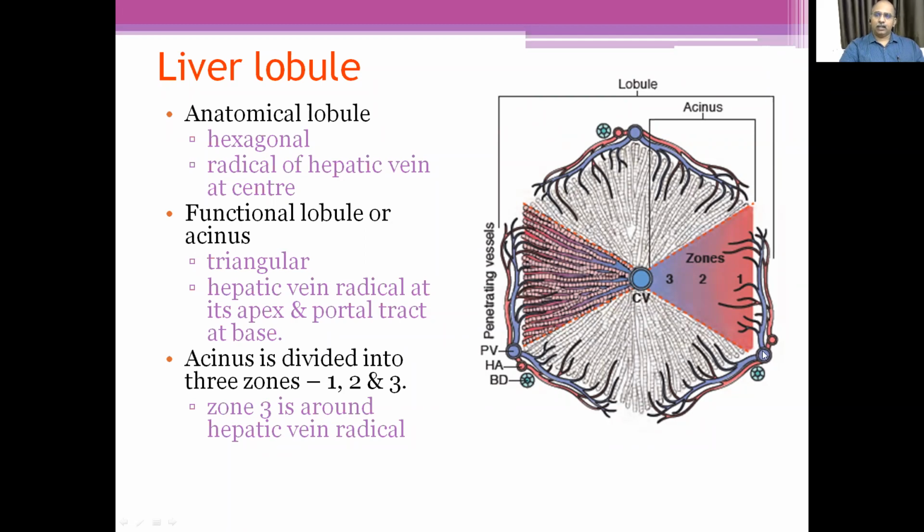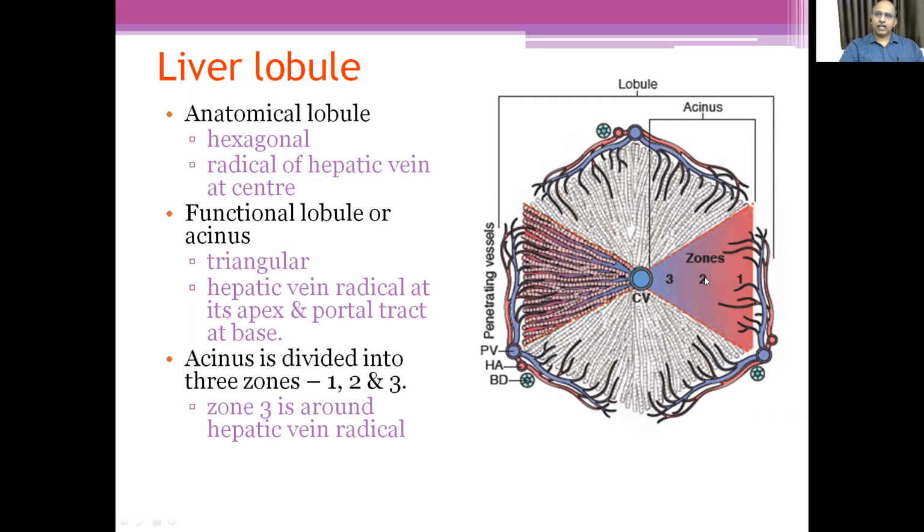So the hepatocytes nearer to the portal triad receive the maximum amount of oxygenated blood and nutrition. That is zone 1. The hepatocytes far from zone 1 and nearer to the central vein are zone 3, and in between is zone 2.